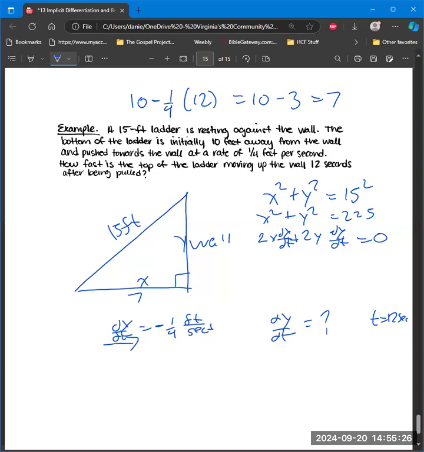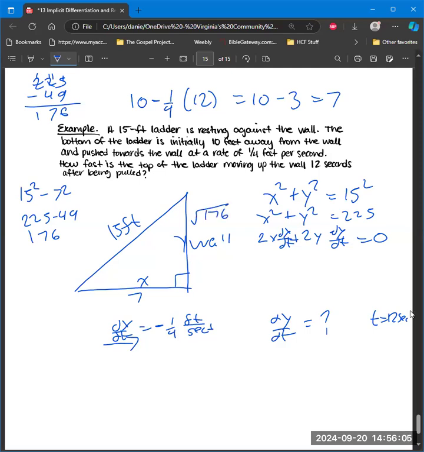And if that's 7, then I have 15 squared minus 7 squared, which is 225 minus 49, which is 176. And so this side is the square root of 176.